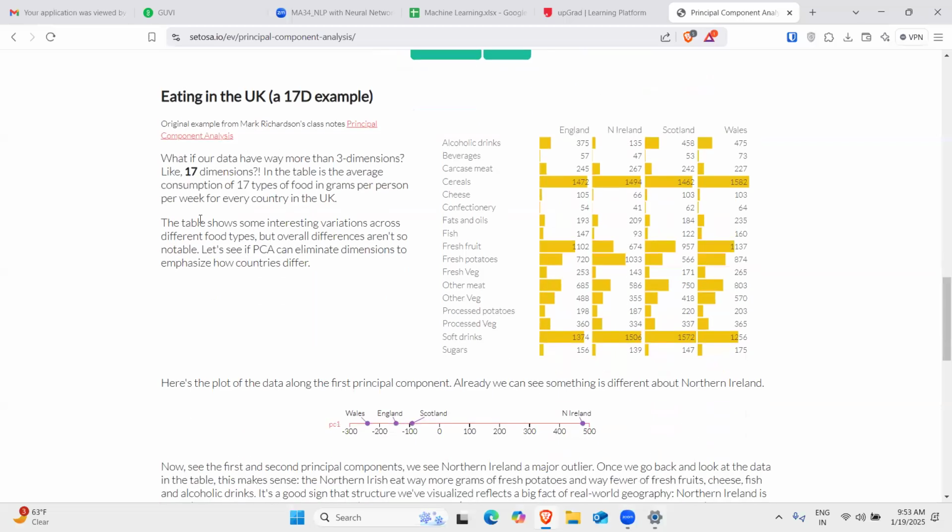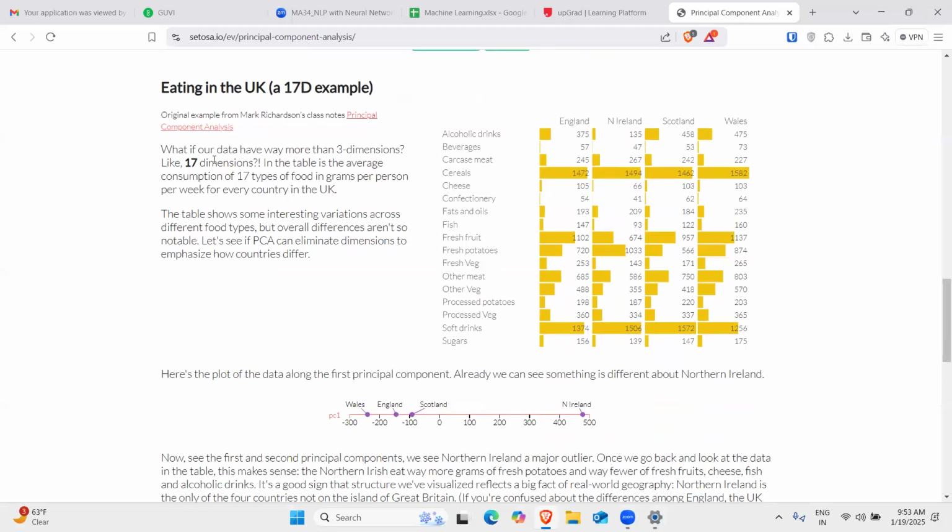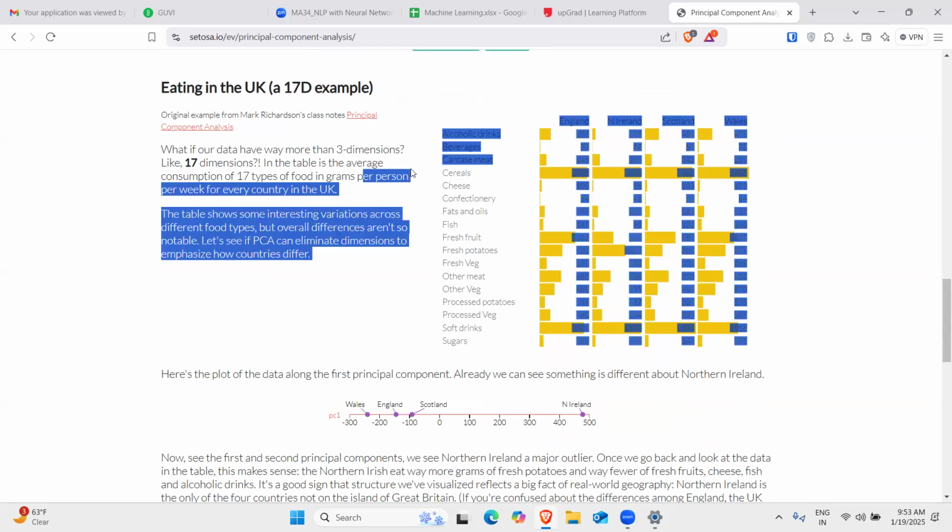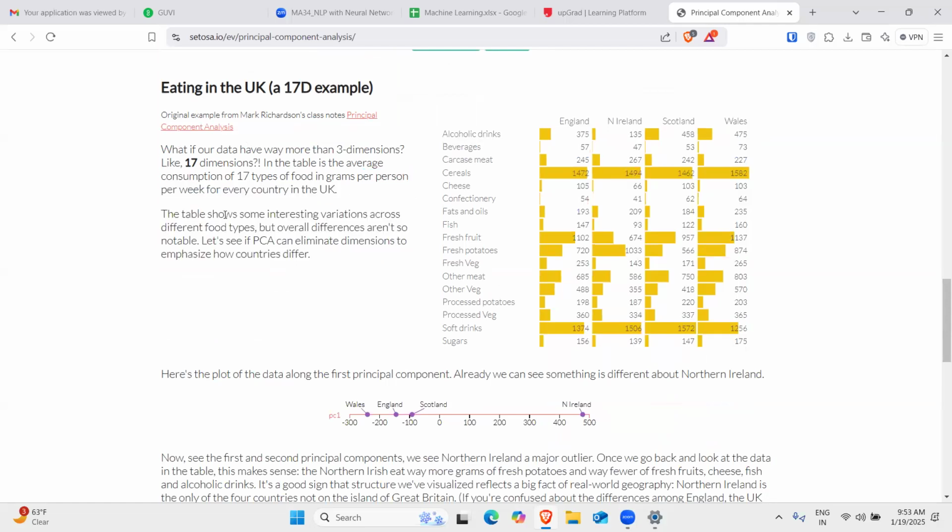And you can try to understand this explanation, like what if your data has way more than 3 dimensions, like 17 dimensions. So the table below shows the average consumption of 17 types of foods in grams per person per week for every country in the UK.